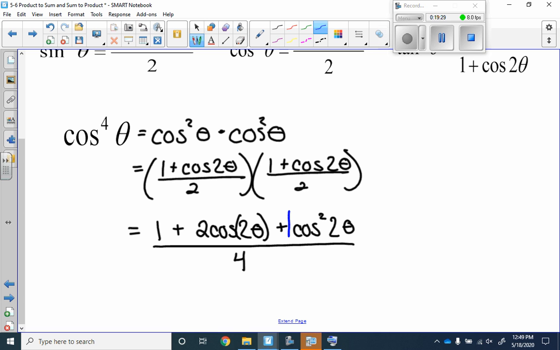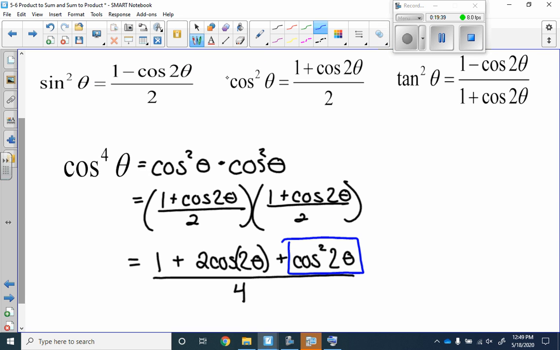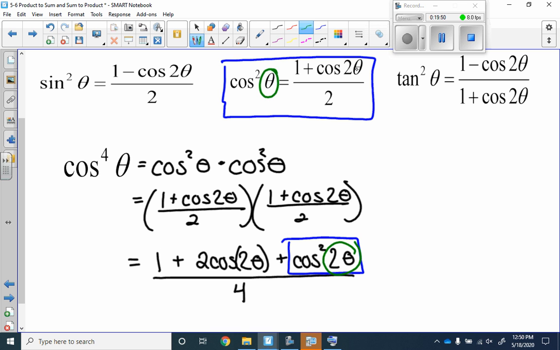Now the one part here is that we can simplify the cosine squared of 2 theta. And I should actually keep this up a little bit, since cosine squared theta is 1 plus cosine 2 theta. Now the one thing you just got to be aware of is that your 2 theta is what is going to go in for theta.